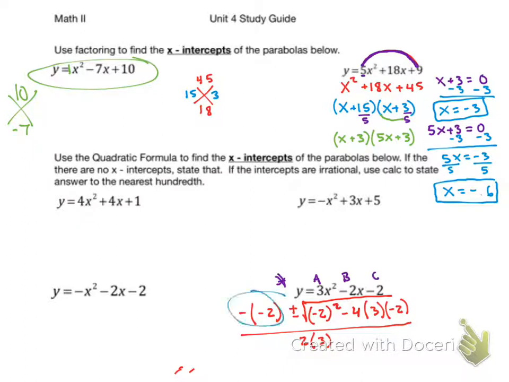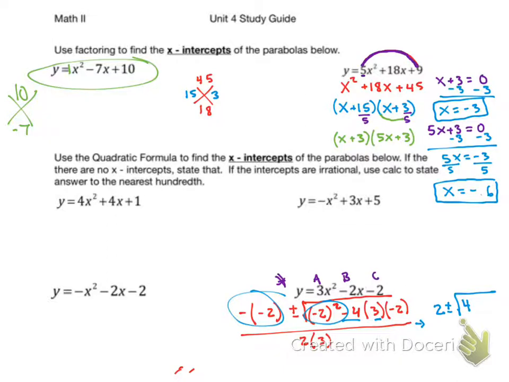And again, a bunch of simplification is going to be going on. So this one here, negative times negative 2, gives me a positive 2. So positive 2 plus or minus negative 2 squared, that gives me a 4, so square root of 4. And then here, negative 4 times 3 is negative 12.